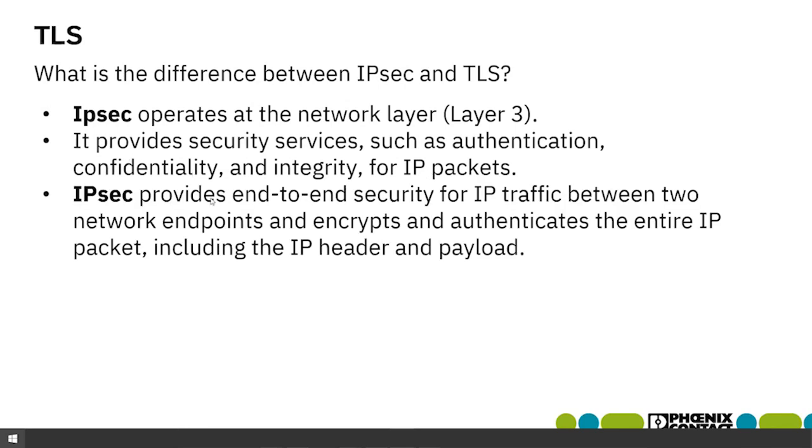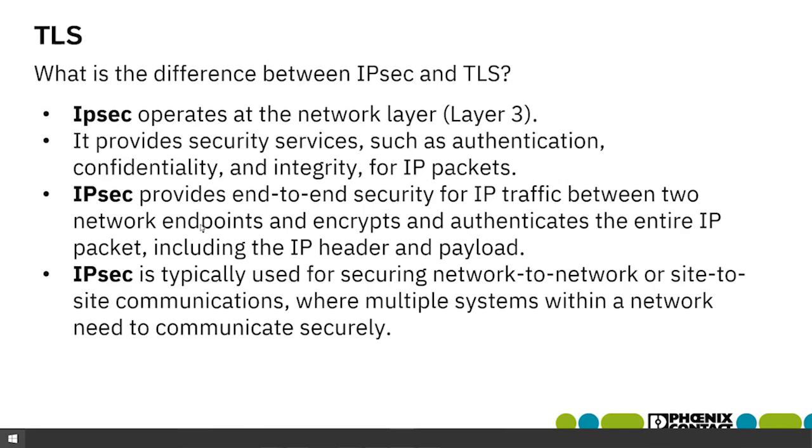And this is used for end-to-end security between network endpoints. Basically, this is what we are using for VPN. It's just a different topic, just on a different network layer. So it's used for VPN connections, more or less, or to secure whole networks, and not a communication between two communication partners.